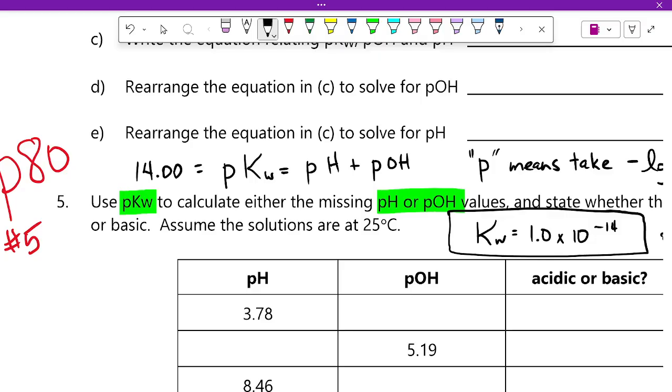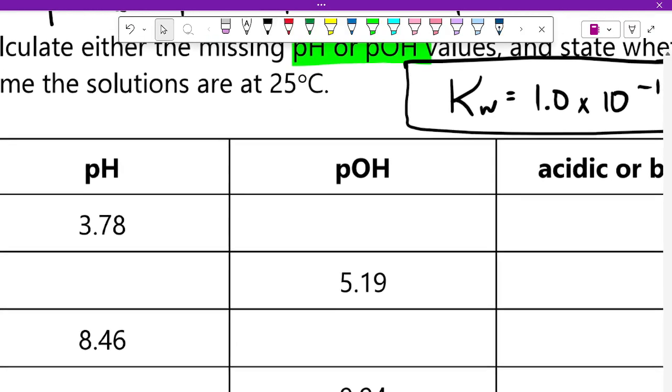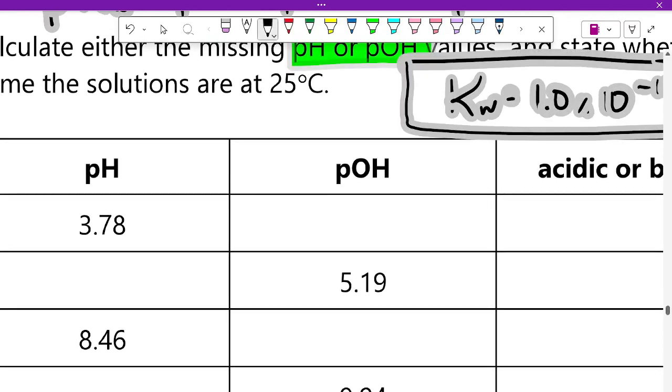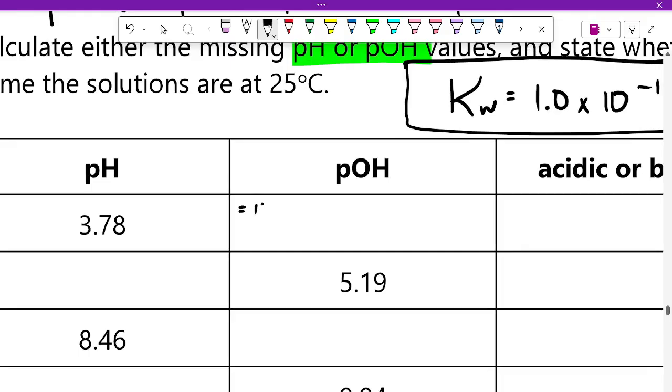So if we know our pH, our pOH is equal to 14.00 minus 3.78, which is equal to 10.22.